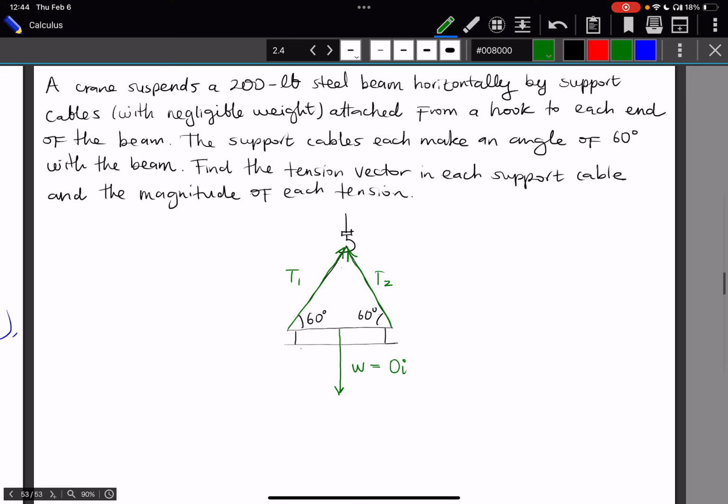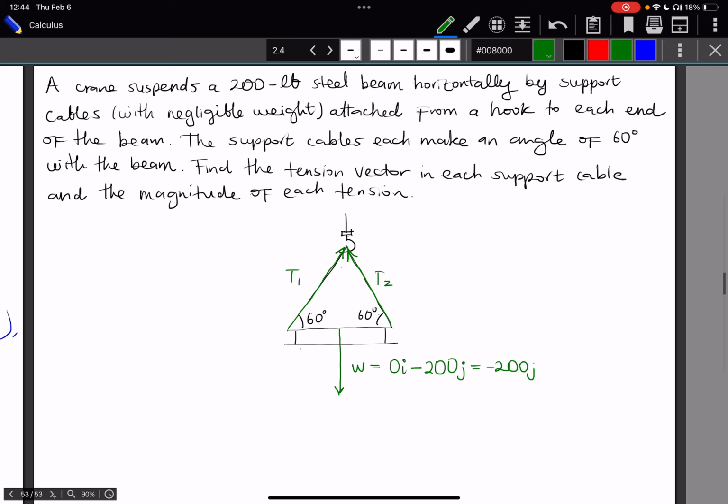And it has to do with that 200-pound weight that we were told about. So the second coordinate is going to be minus 200. In other words, we have minus 200 times j. So W is actually minus 200j.